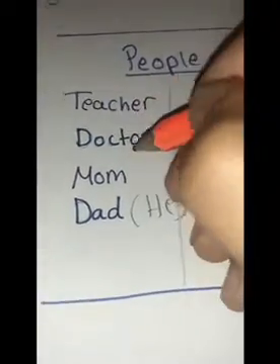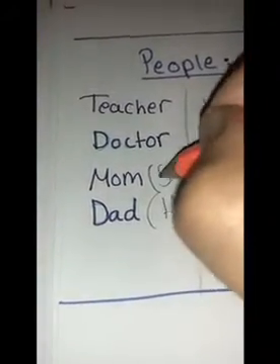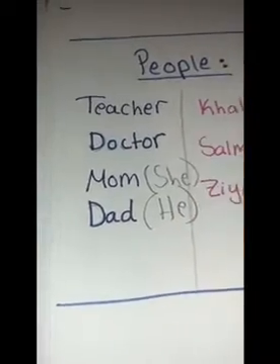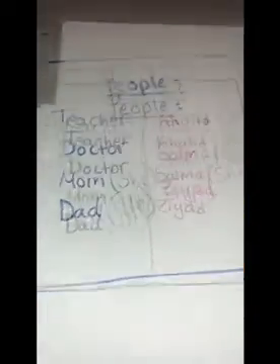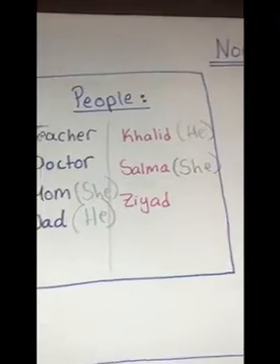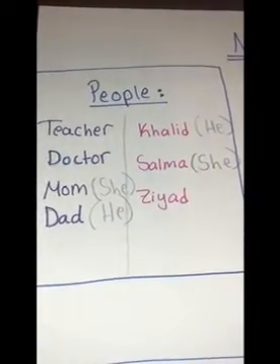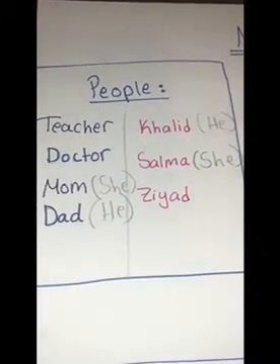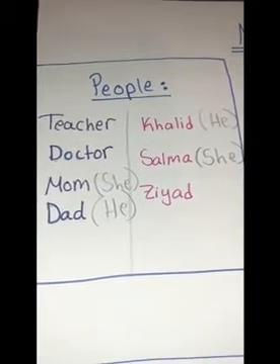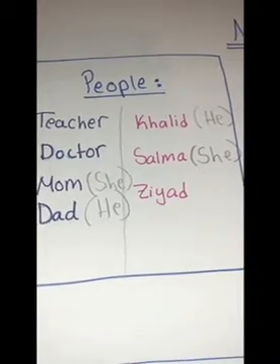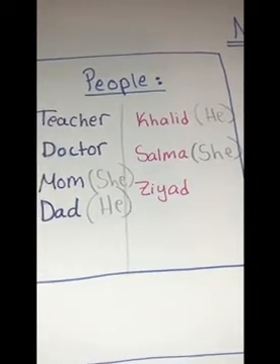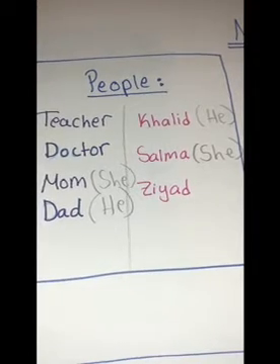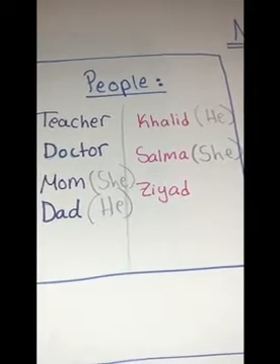Excellent. She. So now we know that we use the pronoun he when we are talking about one boy or one man, and we use the pronoun she when the noun is one girl or one woman.